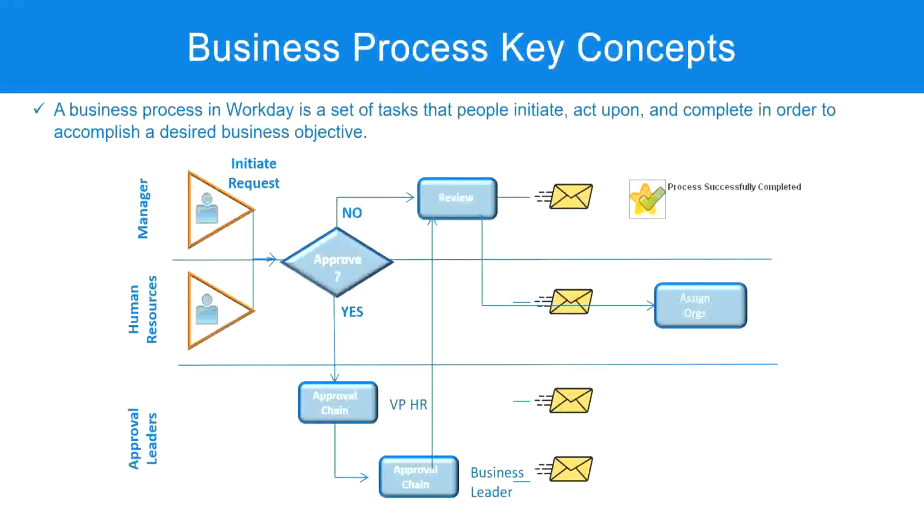Now, in this particular flow diagram, there is a sequence of tasks that needs to happen. Correct. And it needs to happen in a particular sequence. First, it would be initiated. Then it goes for approval. Then approval, chain and review, and so on.